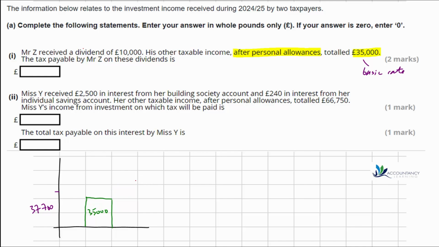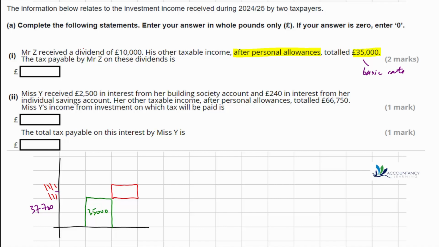In this case, we take our 10,000 dividend income and stack that on top of the other income. Notice that some of that is in the basic rate band, but some of it now goes into the higher rate band.